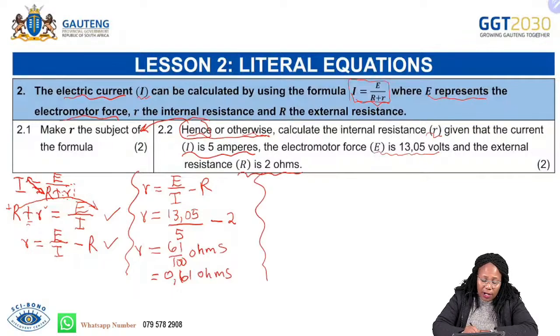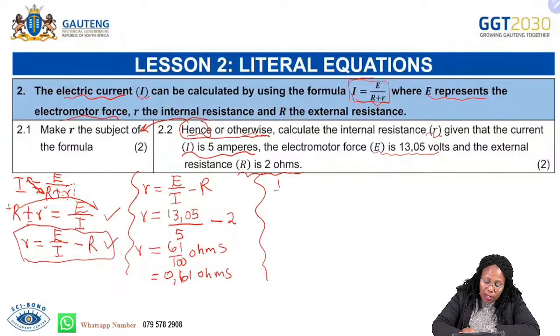Okay, and then if another learner maybe is not comfortable enough to use the answer from 2.1, and decided to use the original equation as it is, I is equal to E over R plus small r, and then substituted the I, of which is 5, and substituted the electromotive force, of which is 13.05, over capital R resistance 2, and then now plus the small r here.